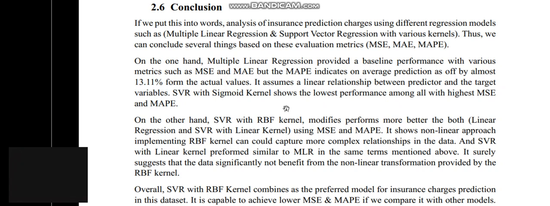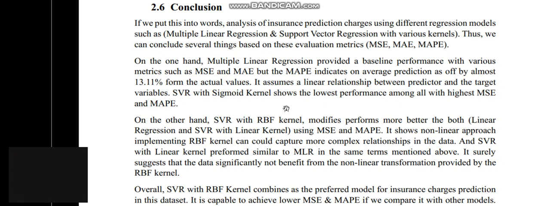It shows that a nonlinear approach implementing the RBF kernel can capture more complex relationships in the data, and SVR with the linear kernel performed similarly to the MLR in the same terms mentioned above. So it suggests that the data does not significantly benefit from the nonlinear transformation provided by the RBF kernel.